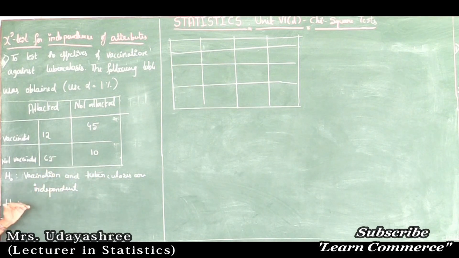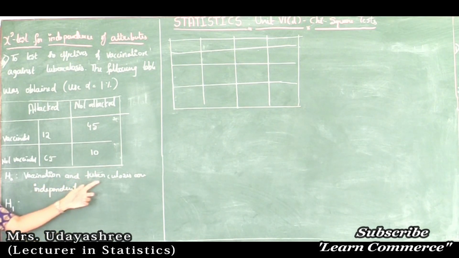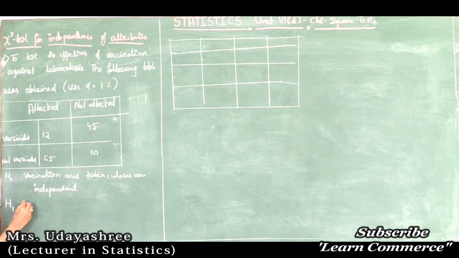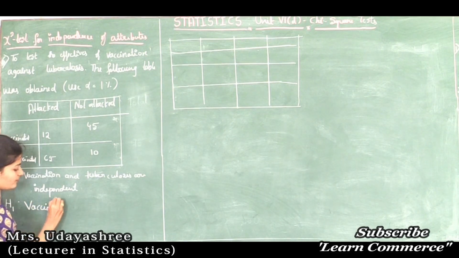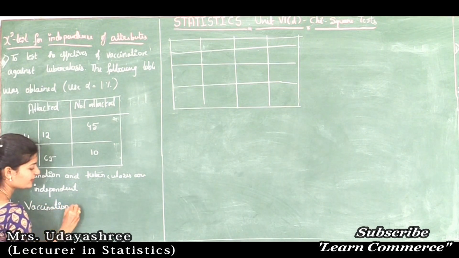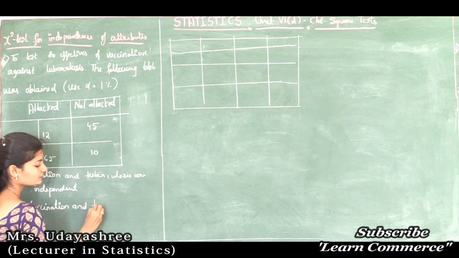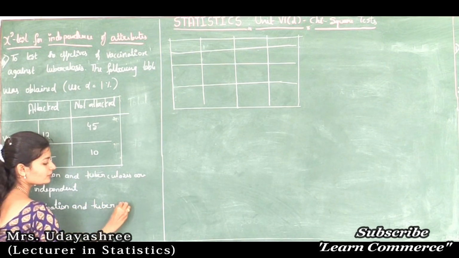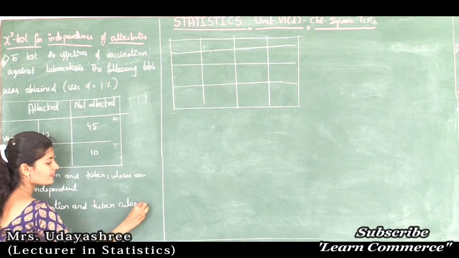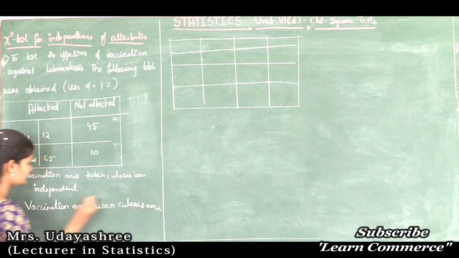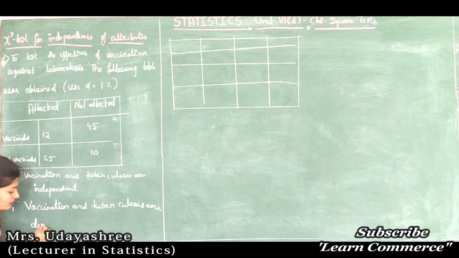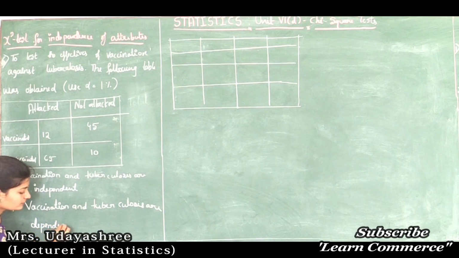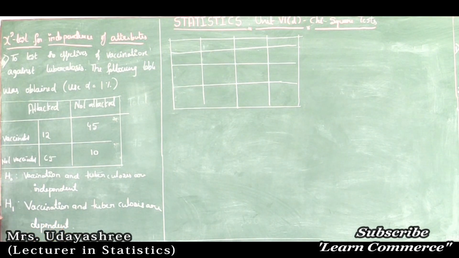Therefore H1 is vaccination and tuberculosis are not independent, or vaccination and tuberculosis are dependent. So this is H naught and H1.